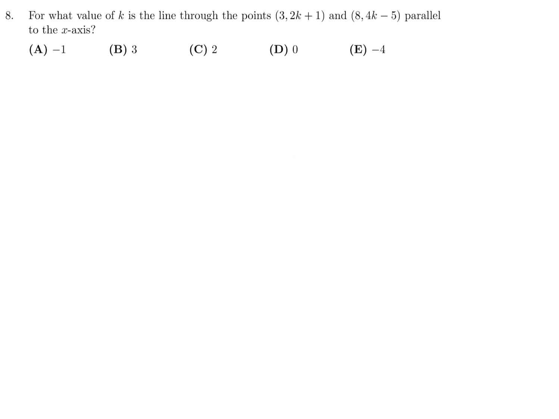For what value of k is the line through the points (3, 2k plus 1) and (8, 4k minus 5) parallel to the x-axis? Let's draw a quick diagram and let's illustrate. This line, whatever line it is, is parallel to the x-axis. So it's something like this. So we have 2 points.